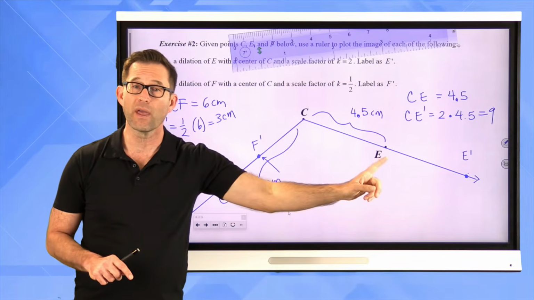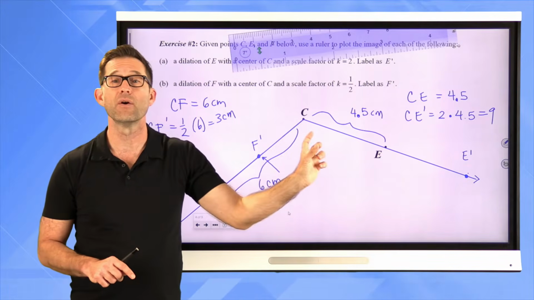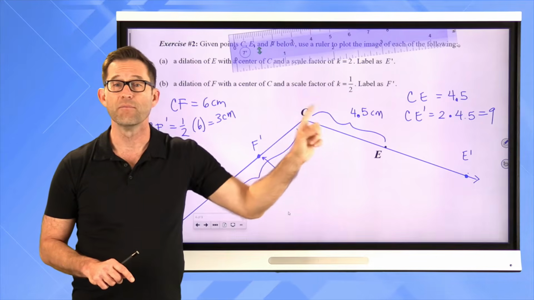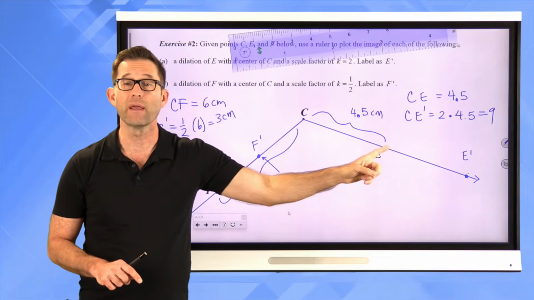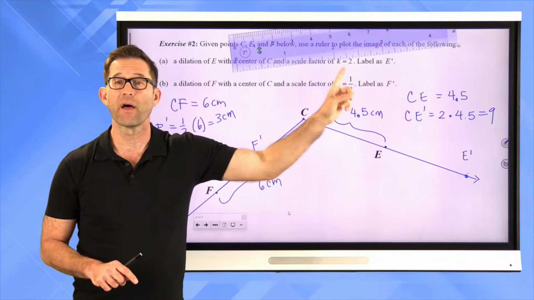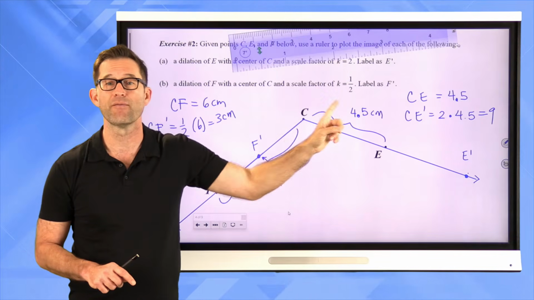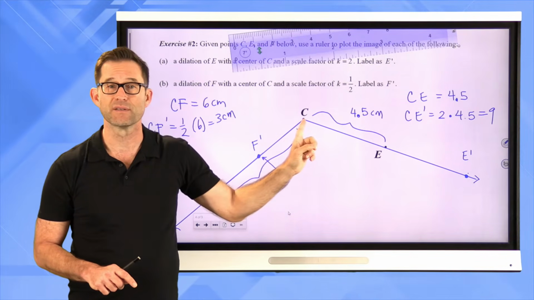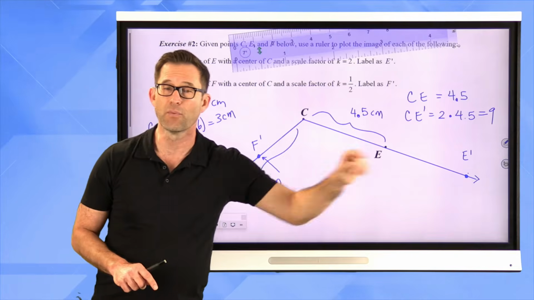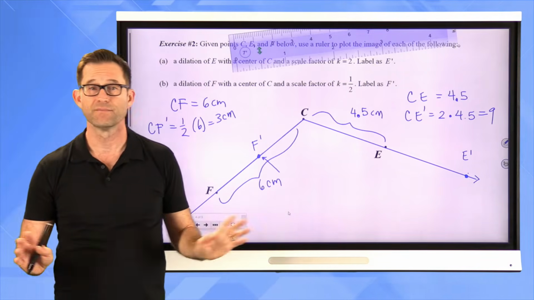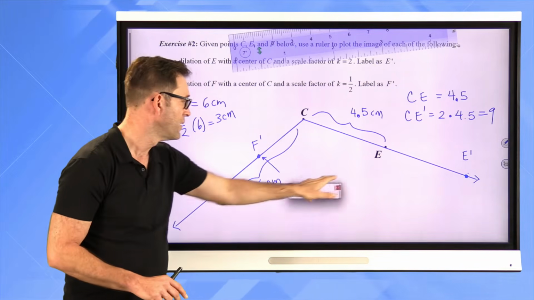And then where is it located along that ray? First I need to know the distance between my center point and my pre-image point, and then I simply multiply that distance by my scale factor to find the new distance from the center point to the image point. That's all a dilation is.